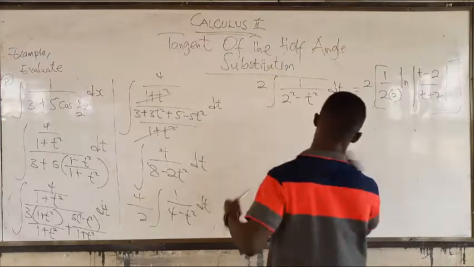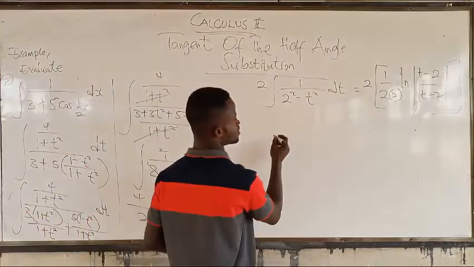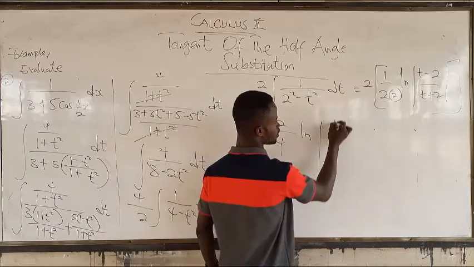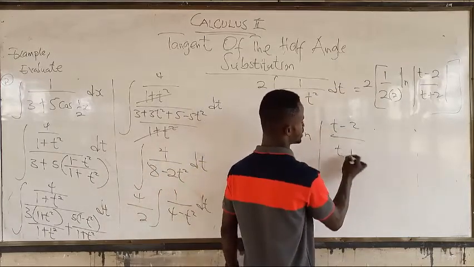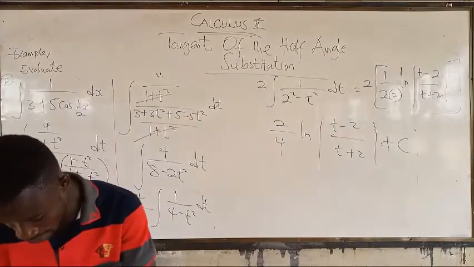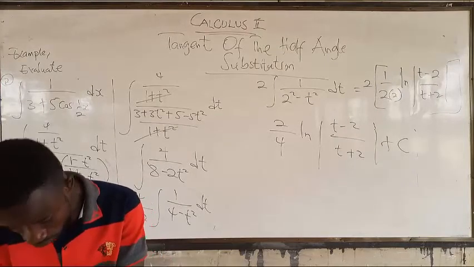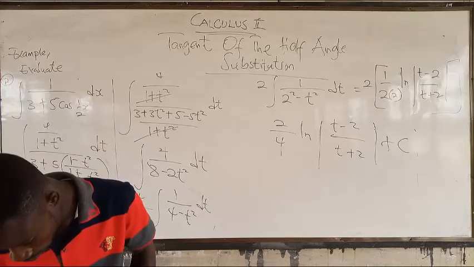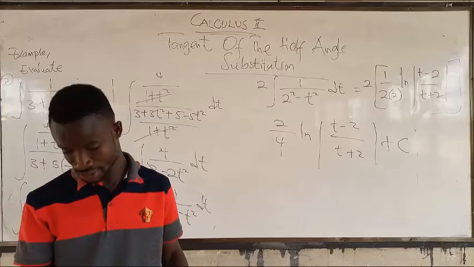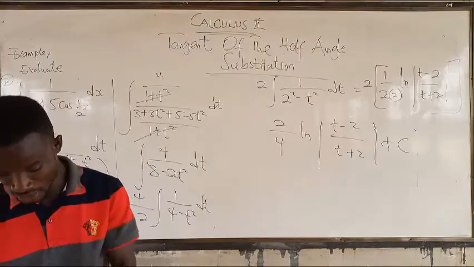So we can bring this up. And that is 2 over 4 times the log of t minus 2 over t plus 2 plus c. So that is exactly what we are going to have. Let me confirm it here. Oh yeah.